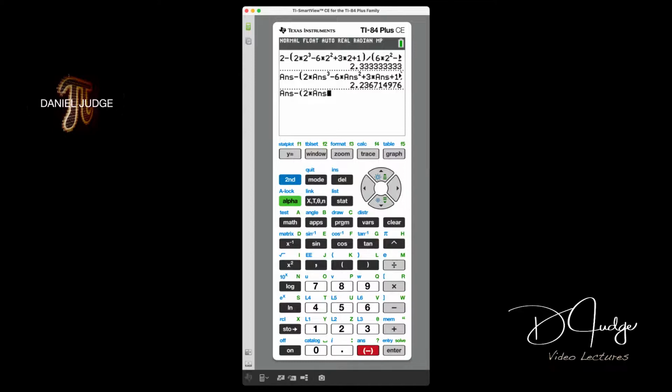We have to remember what that power was. That's the third power. Raised to the third power now. Come out of there. Minus 6 times that answer raised to the second power. Come out of there. Plus 3 times that answer plus 1.